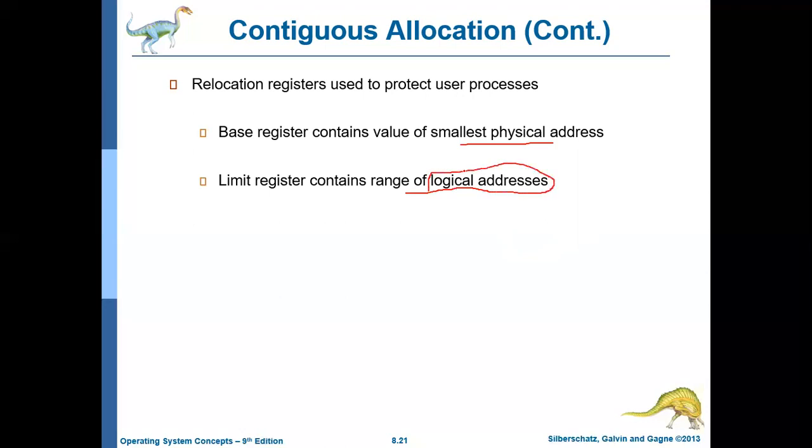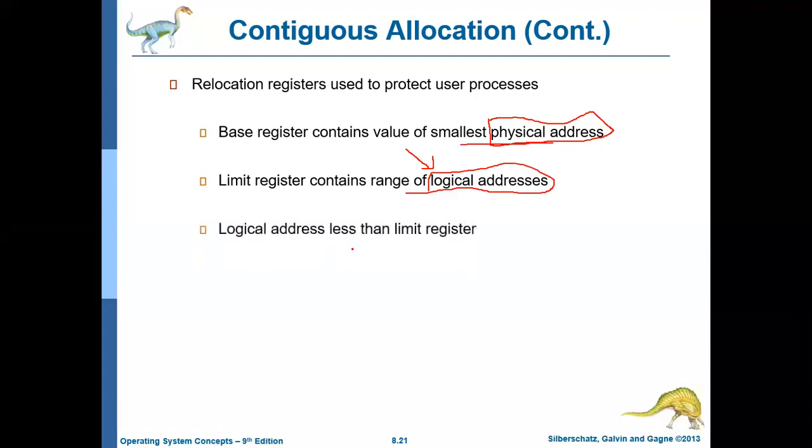One thing to note: the base register contains a physical address, the actual starting address where this process is located in memory, whereas the limit register contains the range of logical addresses, not physical addresses. A logical address is a relative, relocatable address, logical with respect to the actual physical address.